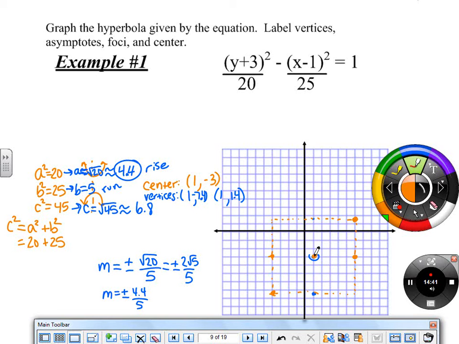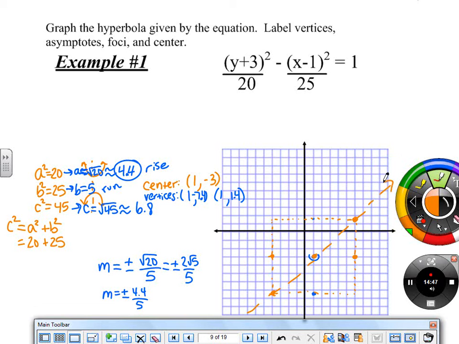So one of our asymptotes is going to go through like this, and the other asymptote through this corner of the rectangle, through the center, and the other corner. Because the corners of the rectangle represent where you would be if you use the rise and the run from the center. Okay. So then I know here that the branches of my hyperbola go through my vertex, and they kind of use those asymptotes as a guide. So I'm going to go ahead and go like this.